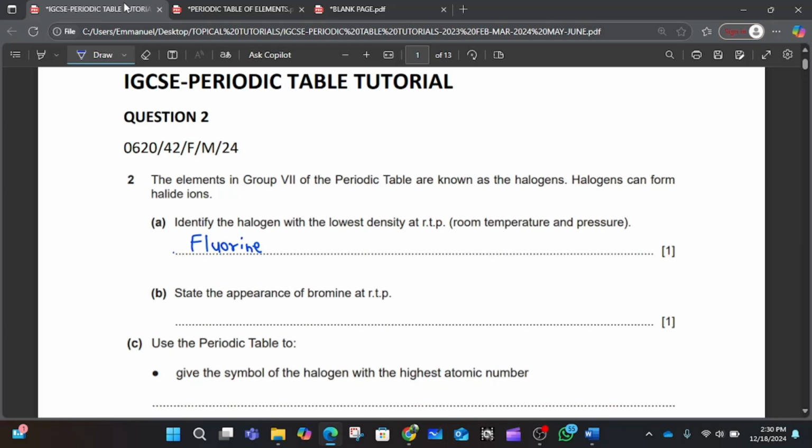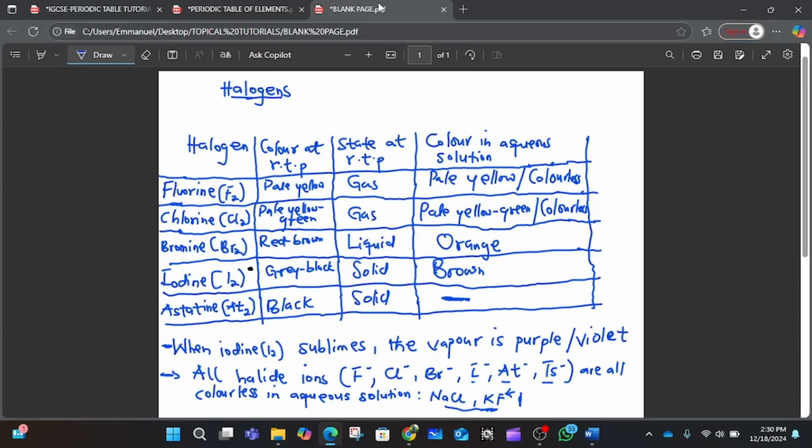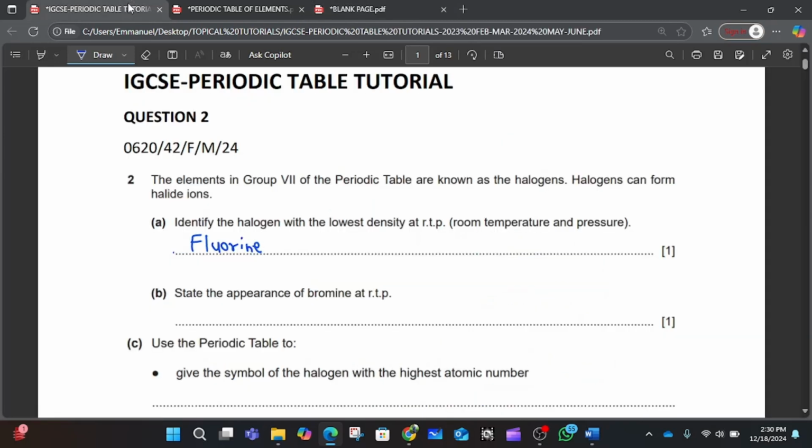B. State the appearance of bromine at room temperature and pressure. So what we did over here, we saw that at room temperature and pressure, bromine is a red brown liquid. So you also have to add the liquid because color is part of appearance and the state is also part of appearance.